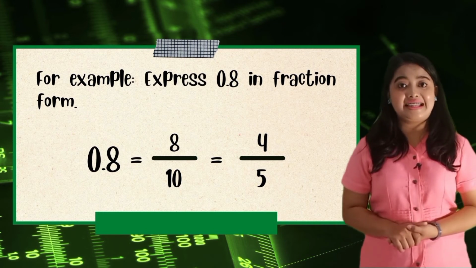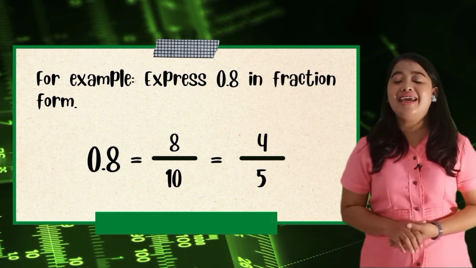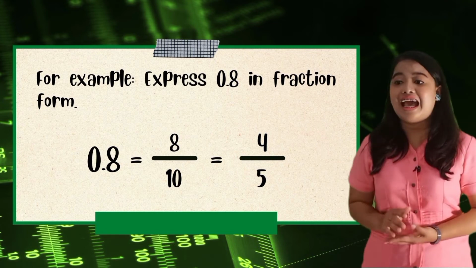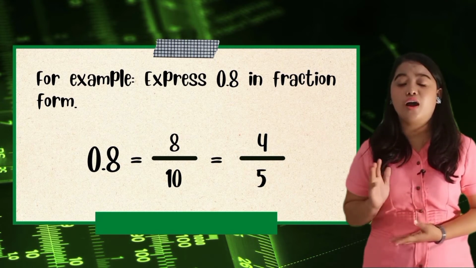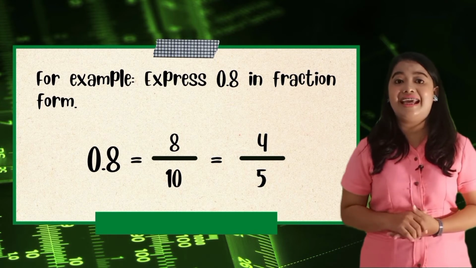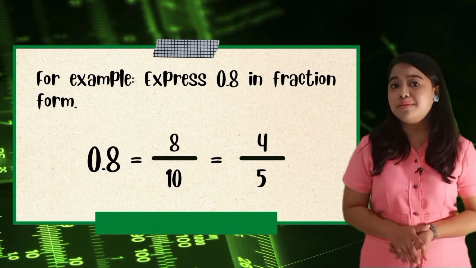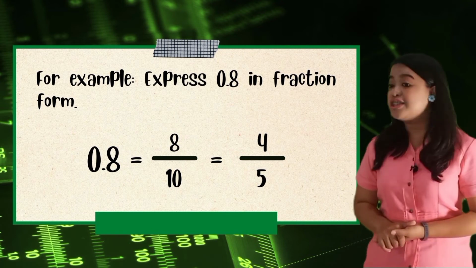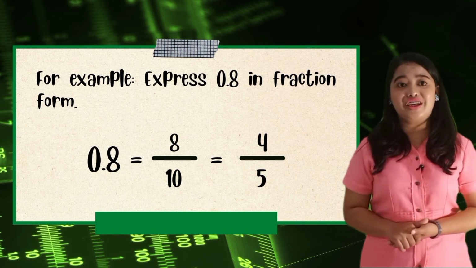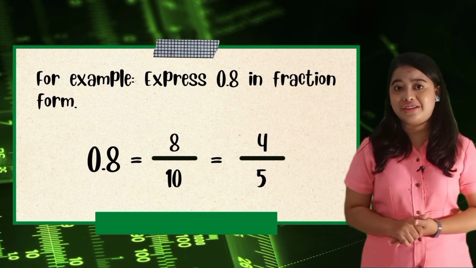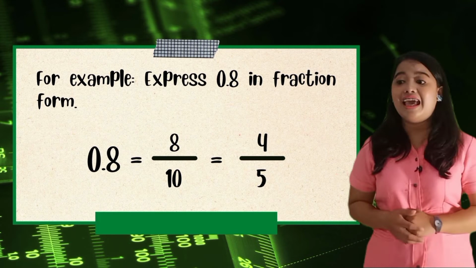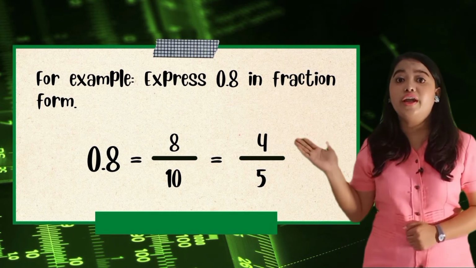The solution is 0.8 is equal to, we are getting 8 as the numerator, and the power of 10 that we are using is 10, which gives us 8 tenths. Reducing it to lowest term, which is 4/5. Therefore, 0.8 is equal to 4/5.